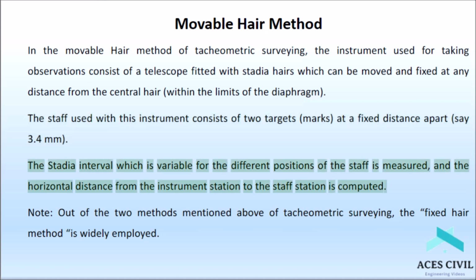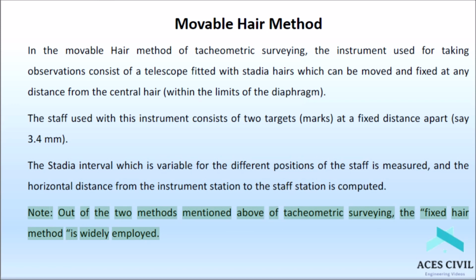The stadia interval, which is variable for the different positions of the staff, is measured, and the horizontal distance from the instrument station to the staff station is computed. Note: out of the two methods mentioned above, the fixed hair method is widely employed.